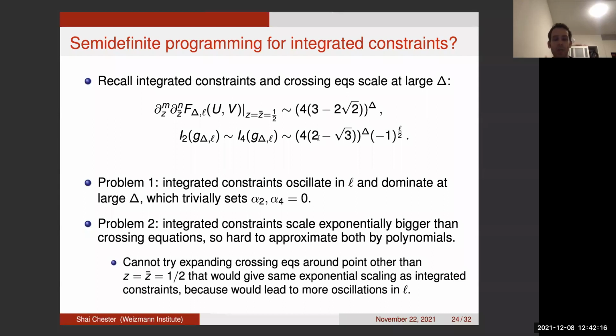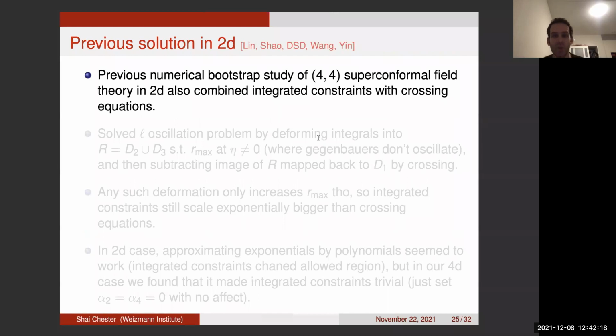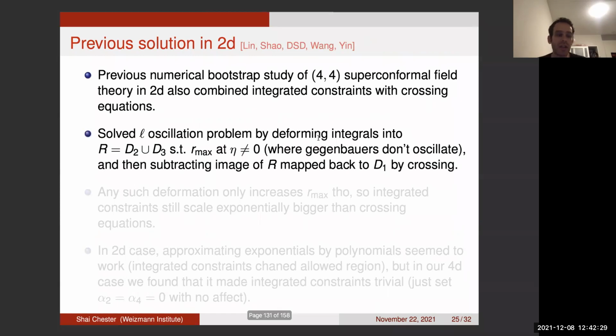Okay, so there are these two problems. Let's talk about how people addressed them in the past. There was a previous paper in 2 dimensions by these collaborators where they also had integrated constraints. They combined them with the numerical bootstrap for some other supersymmetric theory. The integrated constraints had a different origin, but they took roughly the same form at the end of the day.